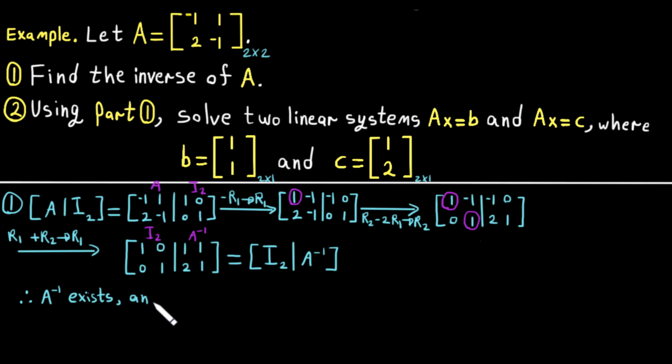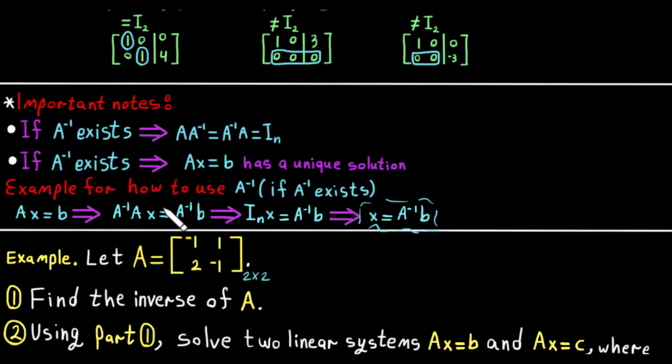and A inverse equal to 1 1 2 1 1 1 2 1. So that's it here. Here we have found A inverse by this method.